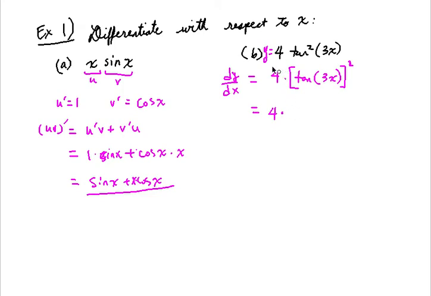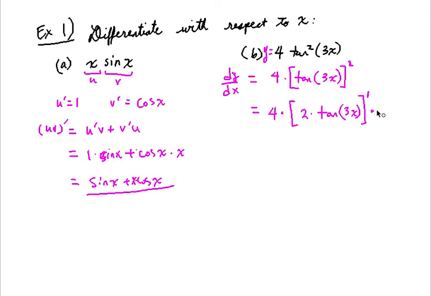So I'm going to leave the constant out, and then I'm going to take the derivative of this part, and that would be 2 times the tangent of 3x to the power of 1, right? So it would be 2 times this function to the power of 1 times, I need to apply the chain rule here. What's the derivative of the tangent of 3x?